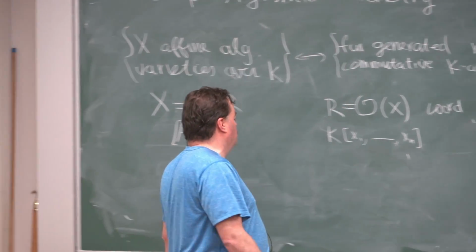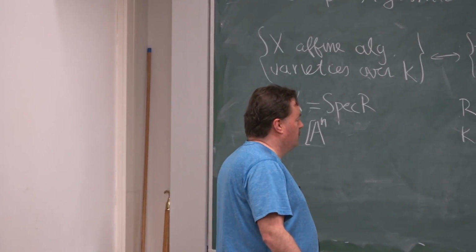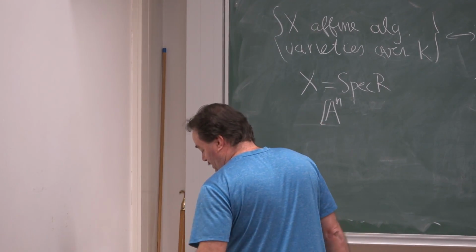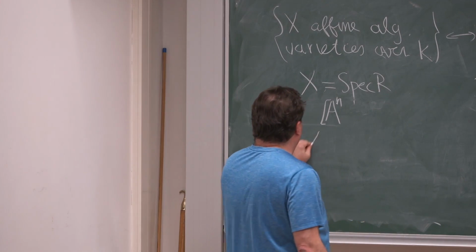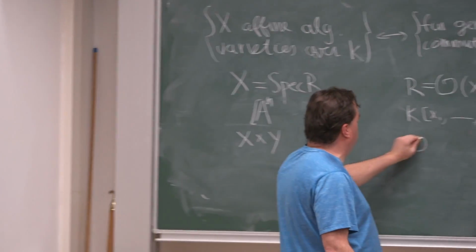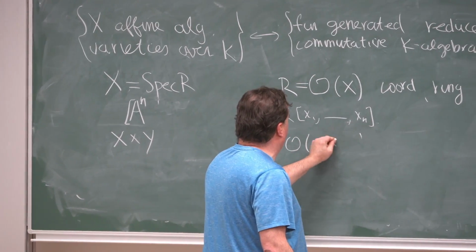For now, I'm not going to assume anything about K. It doesn't have to be algebraically closed or of any characteristic. The product of affine varieties corresponds to a tensor product of algebras.